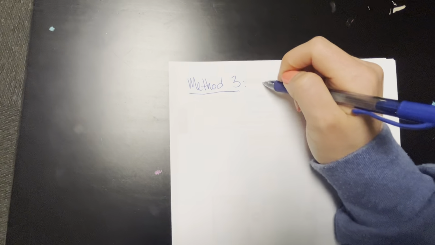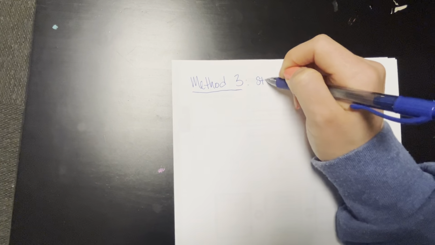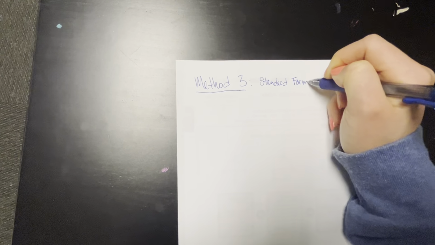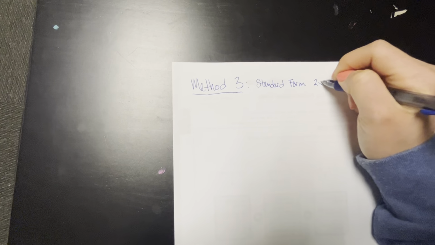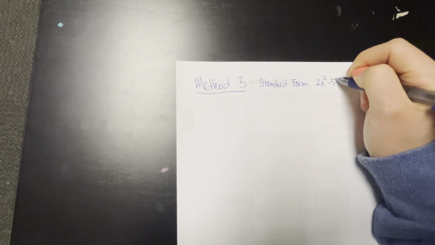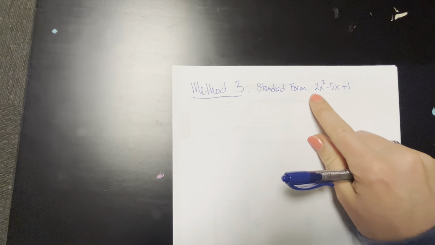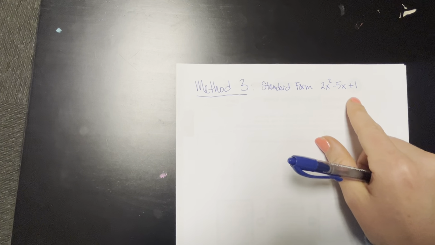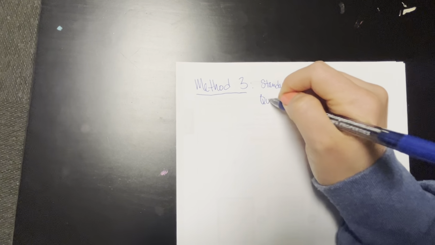Method 3 is what happens if it's in standard form or general form. If it is in standard form, 2x squared minus 5x plus 1, your only option is the quadratic formula.